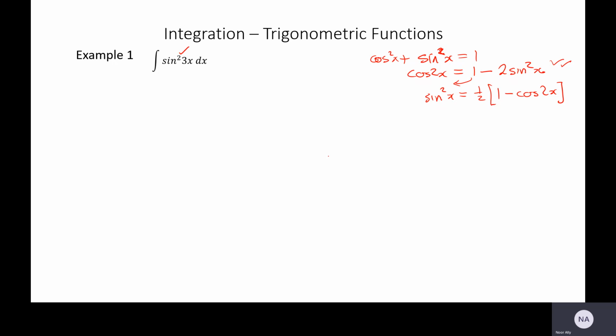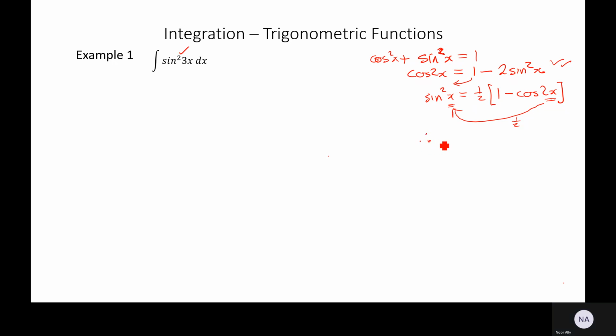Now, why are they double angles? You can look at it in a number of ways. That's sine squared of x, and that's cos of 2x, which is double the angle that you see here. Or another way, this x over here is half of that angle that you see there.